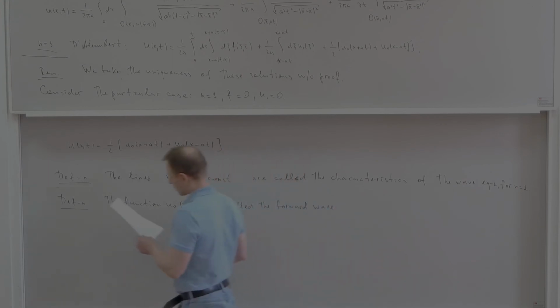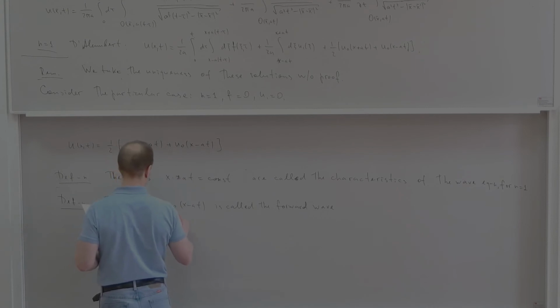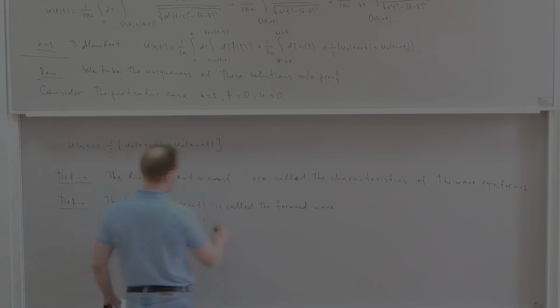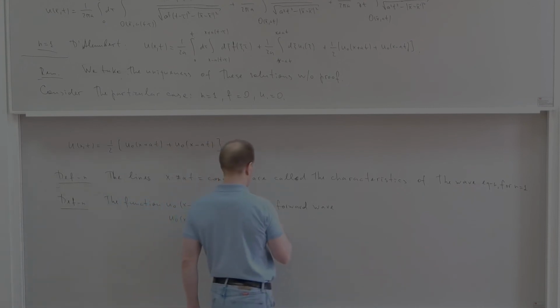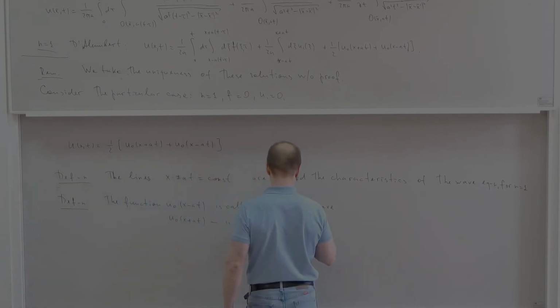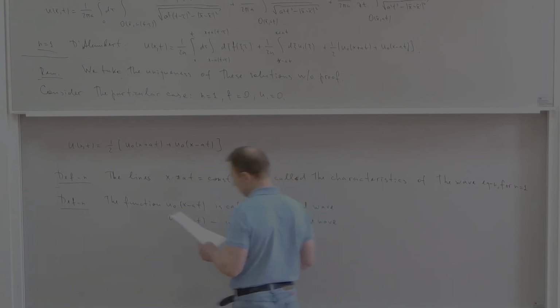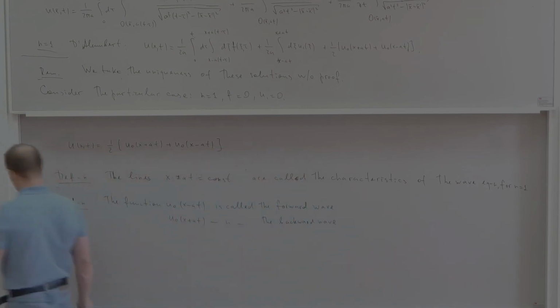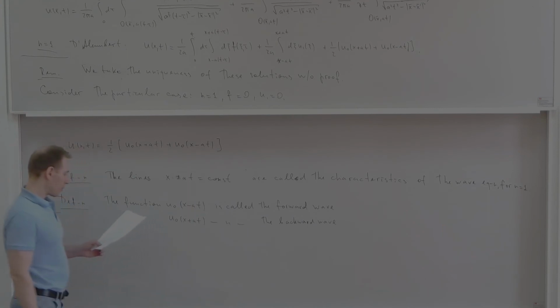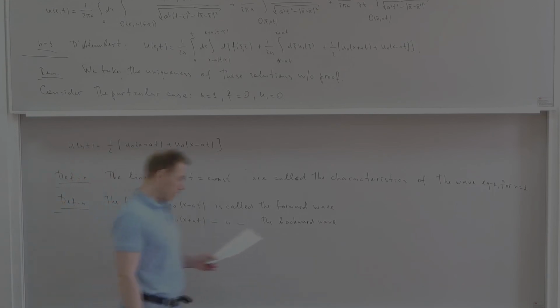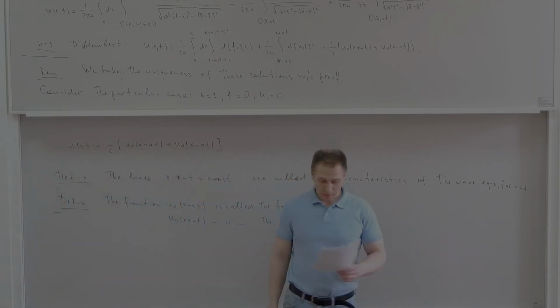Whereas the function u0 depending on x plus at is called the backward wave. The backward wave propagates with the same velocity as the forward one, but in the opposite direction.